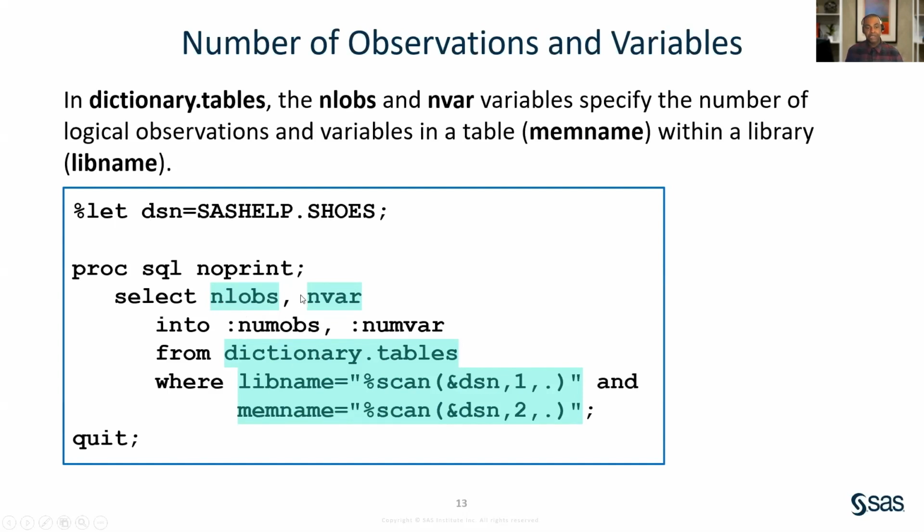The information for these two columns is coming from dictionary.tables, where the libname is equal to, check out the %scan, we talked about that earlier. I'm %scanning the resolved data set name sashelp.shoes for the first word using a period delimiter, so we end up getting sashelp. Secondly, the second word we filter for member name, and that's the second word, for example, shoes.